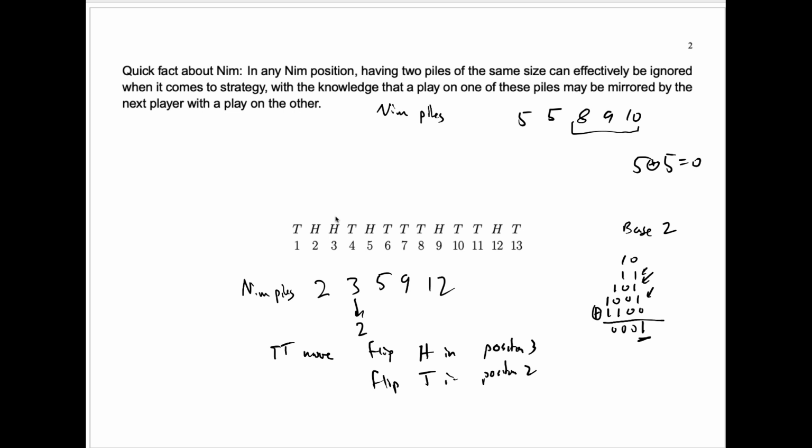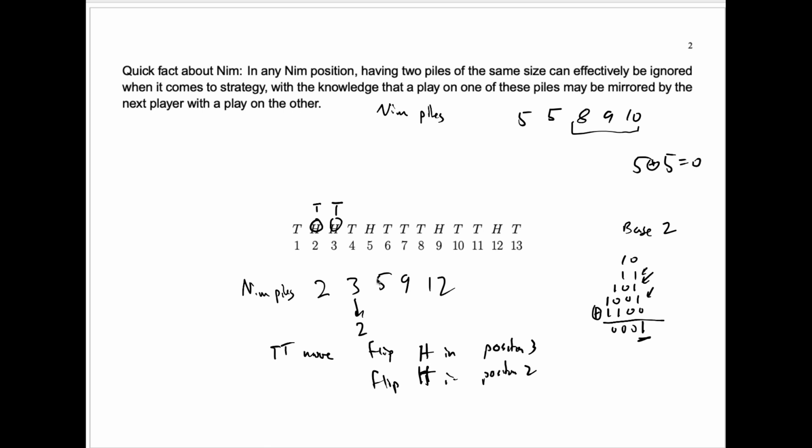What happens, and I'll put this up here, if I turn this into a T and flip, I'm sorry, we want to flip the H as well, I should say. Not flip the T, flip the H in position 2, as well as flipping the H in position 3. And we flip the H in position 2 also to a T.